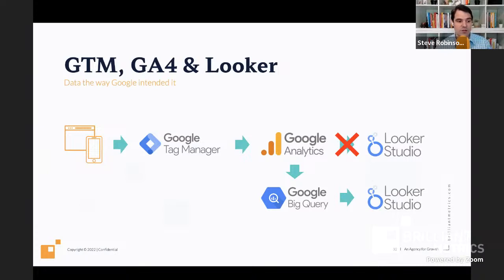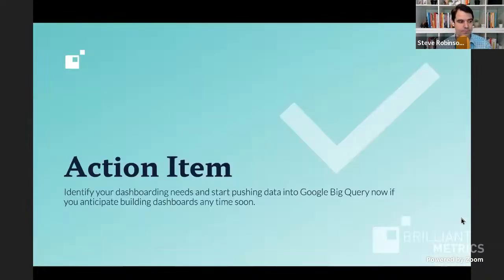This will allow you to create your dashboarding in Looker Studio without having any of the API limitations of Google Analytics. So your action item, identify your dashboarding needs. Do you have stakeholders who are not going to be trained in Google Analytics 4, aren't going to take the time to learn it or dig in, in which case it might make sense, instead of creating them custom reports, to create them dashboards.